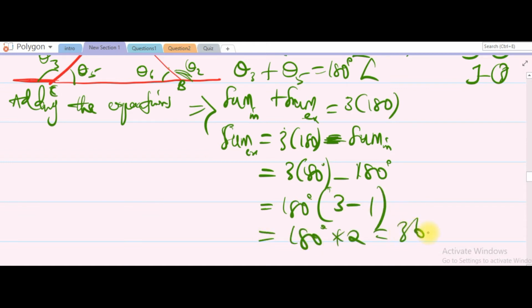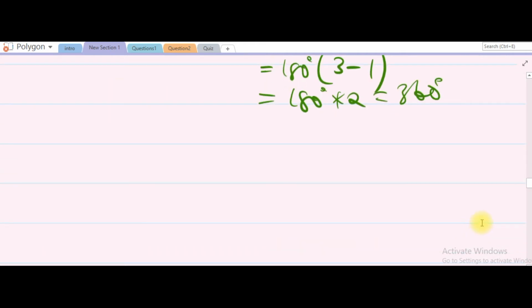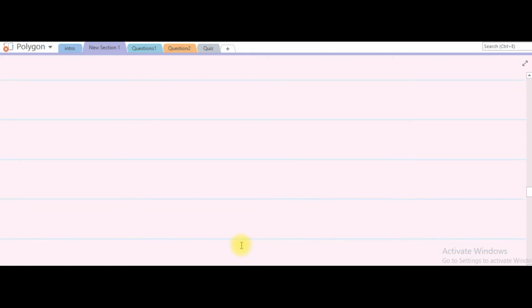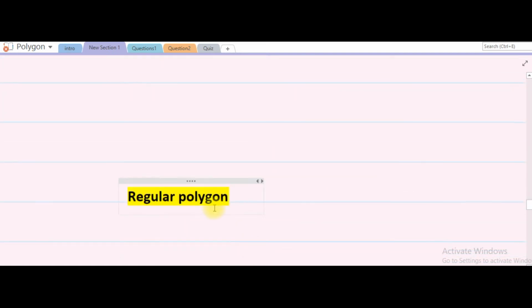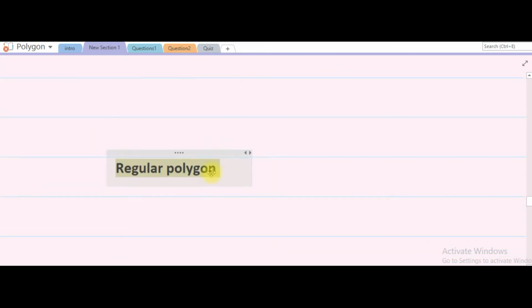We have 360 degrees, so it is a constant. So the sum of the exterior angles is always 360 for any polygon. I used a triangle to prove the theorem.